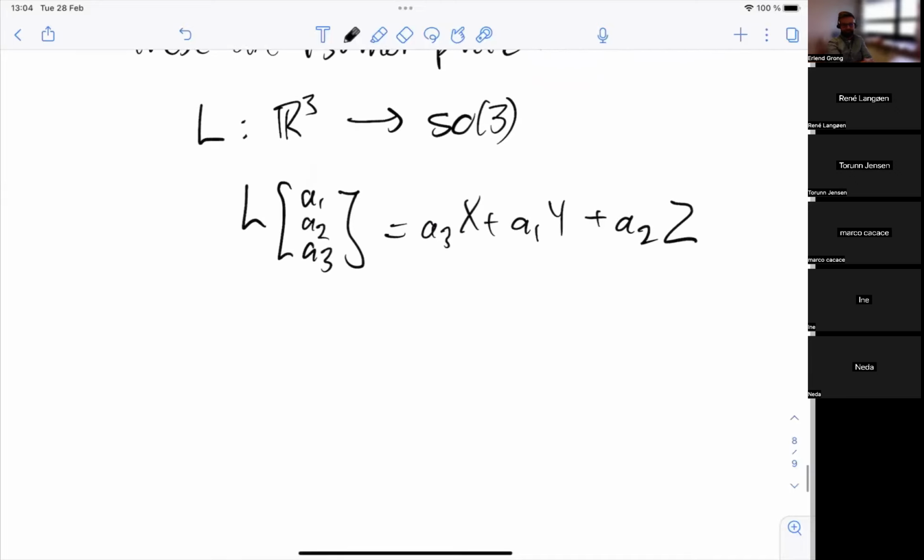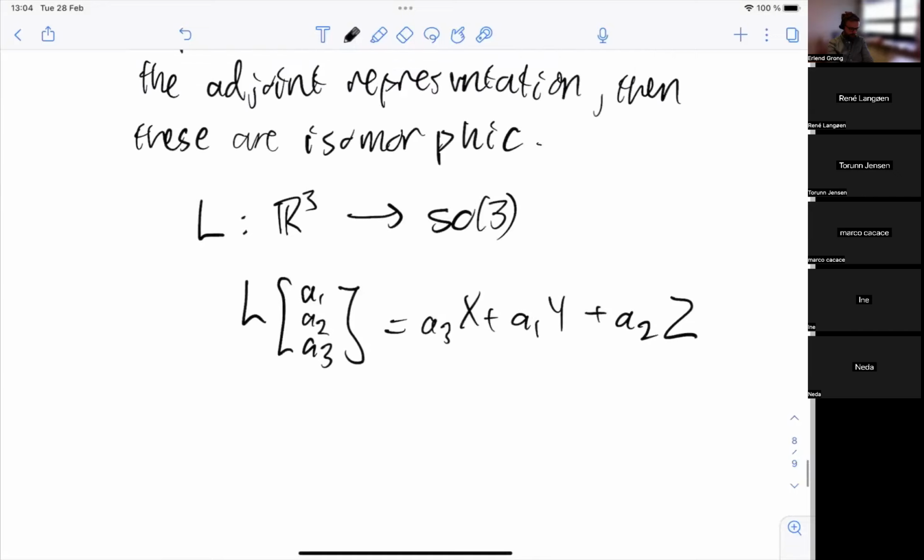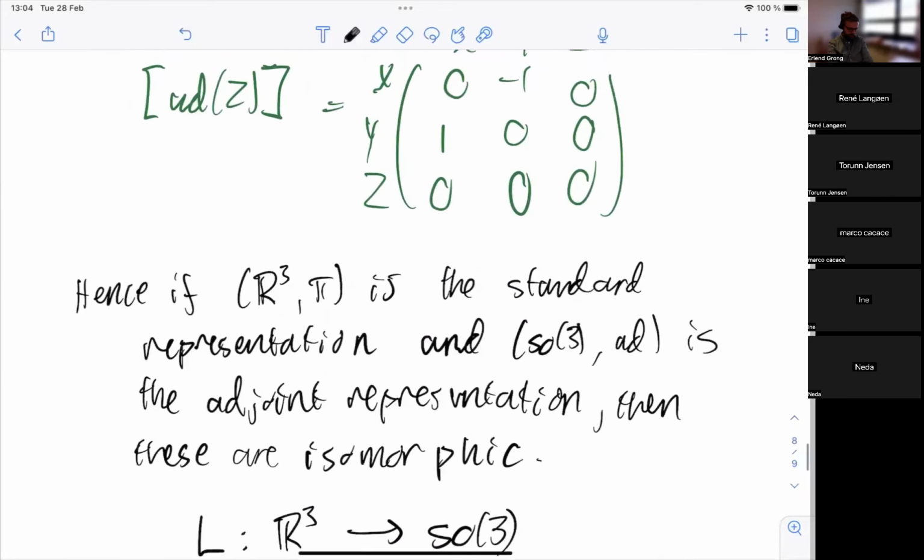So this is how you can construct an isomorphism between these two representations.